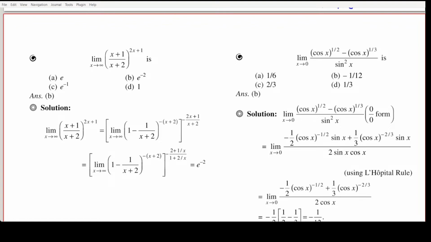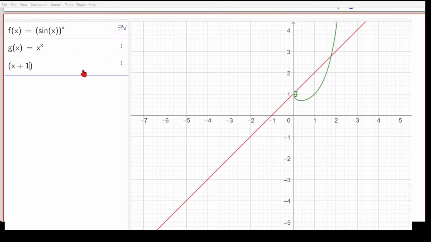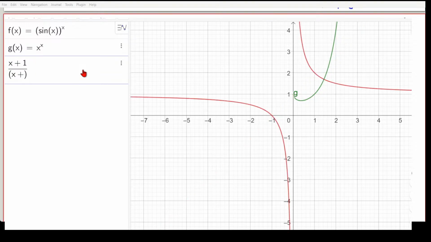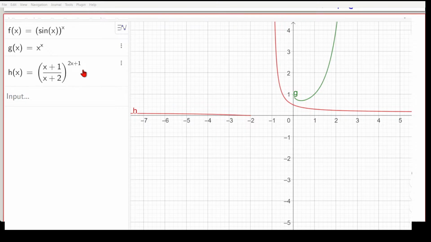This function is ((x + 1)/(x + 2)) whole power 2x + 1, right? Whole power 2x + 1.